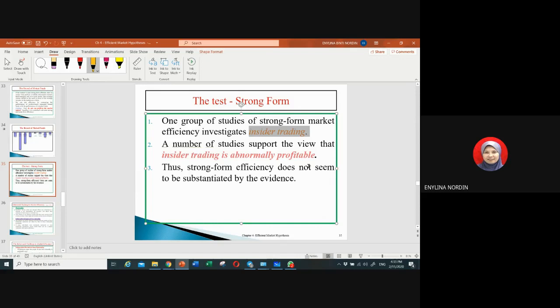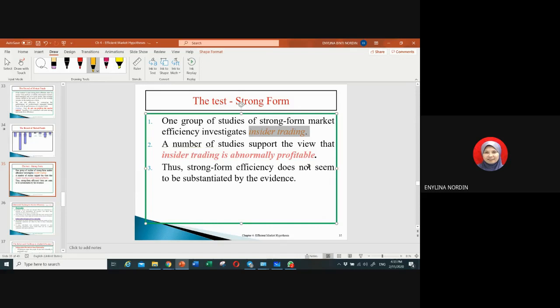The result shows that the corporate insiders do earn abnormal returns. That means they can still earn abnormal return, or extraordinary profit. Therefore, we cannot say that strong form can exist.